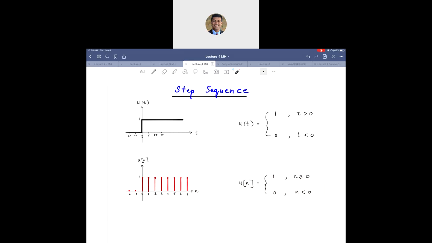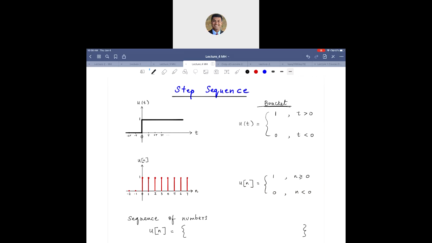Now, over here, we are representing things in the form of a bracket notation for u of t and also for u of n. There is another form of representing discrete time signals, which uses the fact that it is simply a sequence of numbers. So if it is simply a sequence of numbers, I should be able to represent u of n as a sequence of numbers using curly braces.